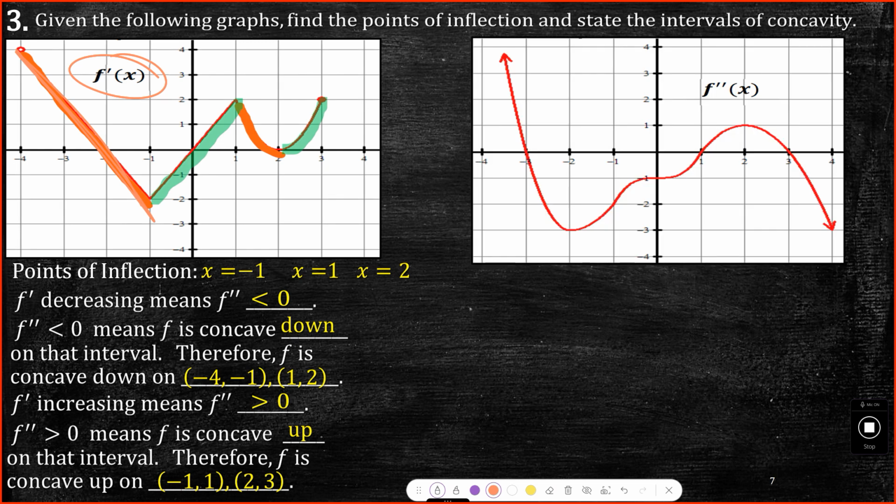Let's look at the f double prime of x graph, which we're talking about as, let's say, acceleration. I think this one is maybe a little more difficult to understand.